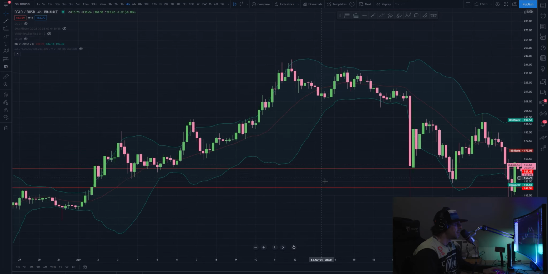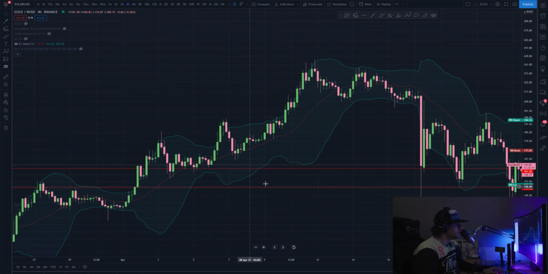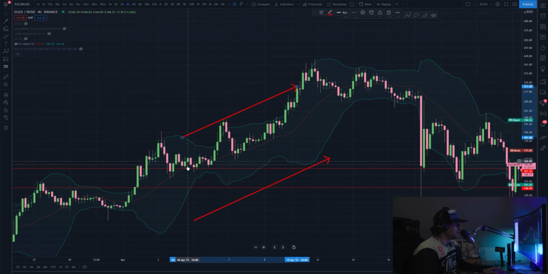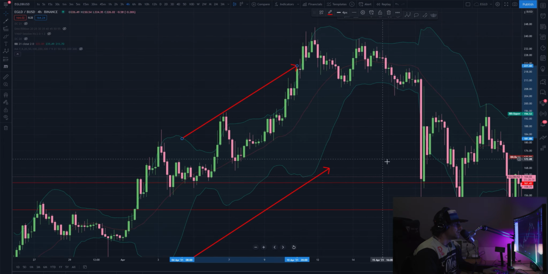Take a look at how easy it was because the gravity of the Bollinger Band was going up on this side right here. When this happened, the midline, the moving average 21 of the daily, became a very strong support, and it's easier to continue the trend.